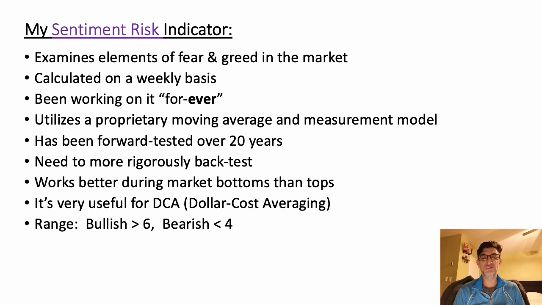It works better during market tops, that's for sure, than during market bottoms. And it's highly useful for DCA. The indicator is bullish when it's at a 6 or greater reading and bearish when it's at 4. But of course, there are different regime changes, right? Different regimes, like interest rate regimes, inflation regimes, earnings regimes, whatever.